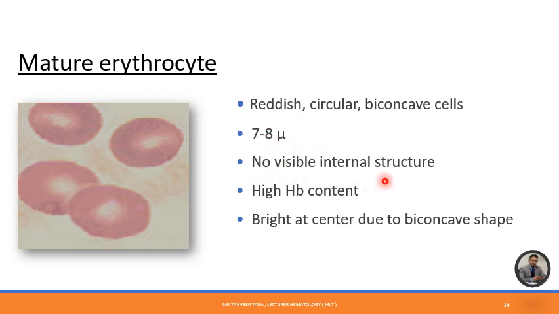There's nothing here but only hemoglobin, and that's why it has high hemoglobin content. A large number of molecules of hemoglobin are present over here. Bright at the center due to biconcave shape. Here you are seeing that this is the center, and it has brightness, and all the hemoglobin are here.